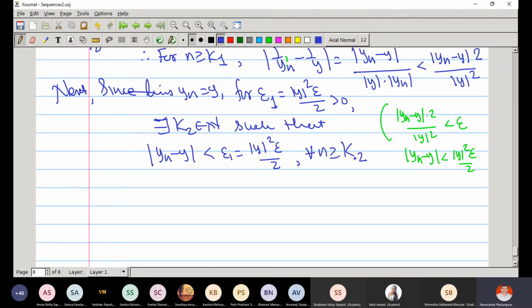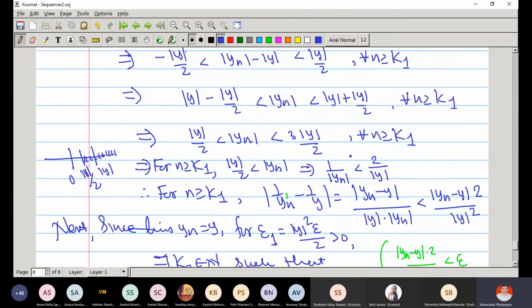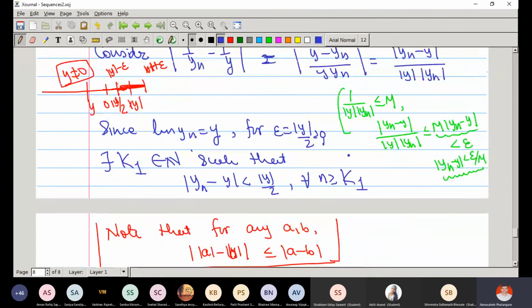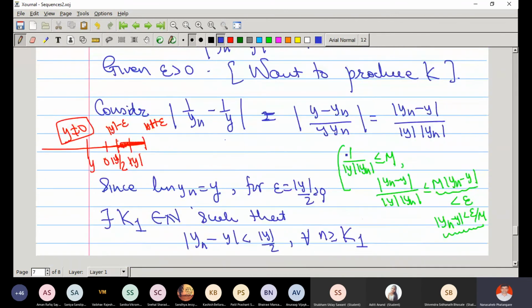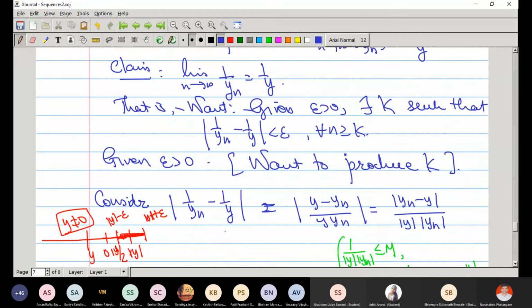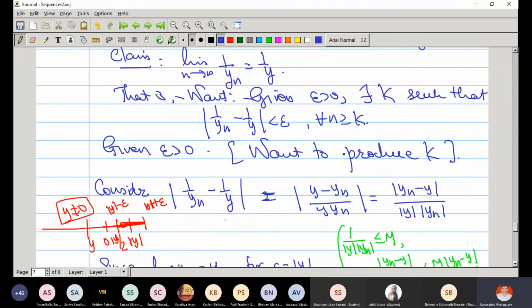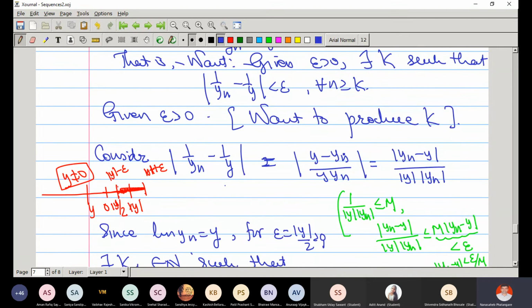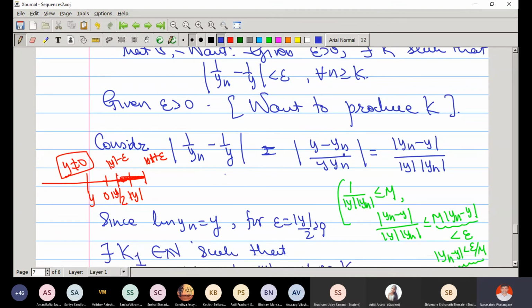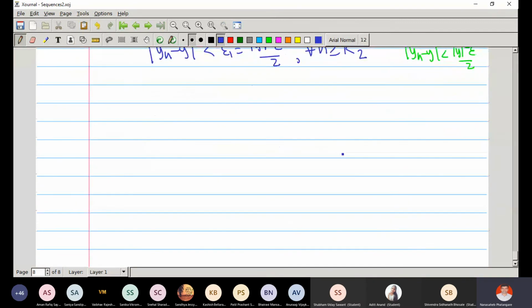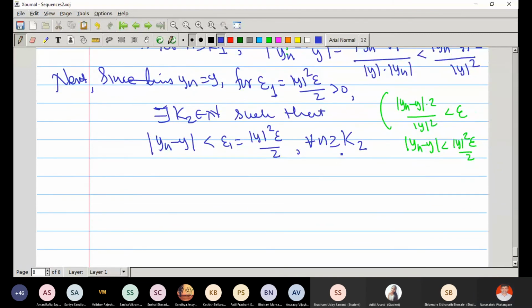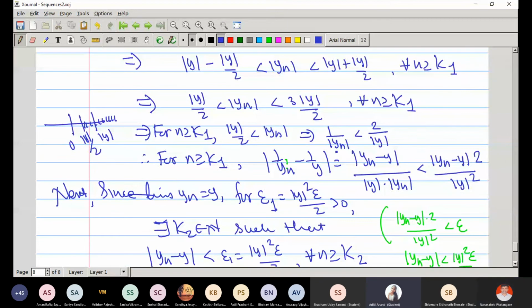Now what was our ultimate aim? Just go to the first step. What was our aim? Epsilon is given and we wanted to make 1 upon yn minus 1 by y less than epsilon. This was our aim. So what is k for that? Maximum of k1 and k2.